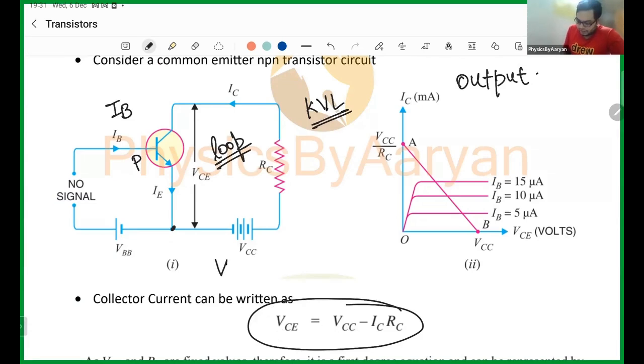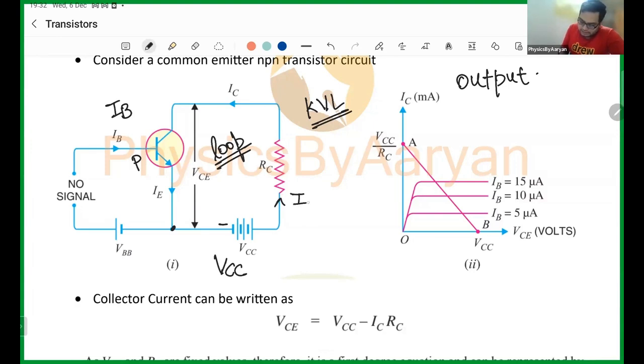The first thing I do is plus VCC because I am moving in this direction and the first thing I saw is a negative of this. Okay. And then I am moving here. And what is the current in this resistor? IC. I am moving in the direction of current. So I have to apply negative of IC into RC. Okay. Negative of IC into RC.